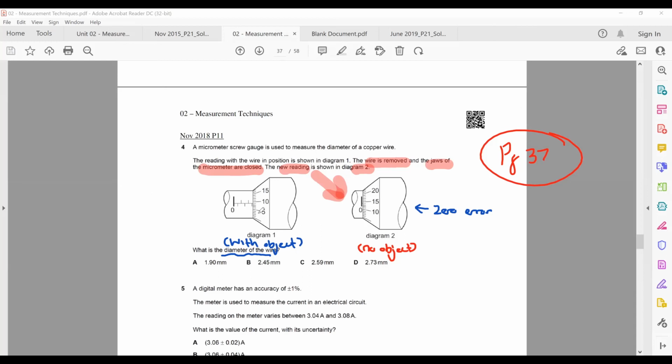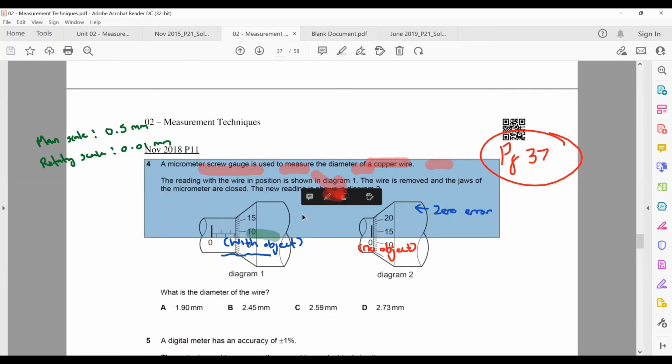If you want to read the reading on diagram 1, what do you think would be the reading on the main scale? For the main scale, I mentioned it will be in increments of 0.5 millimeter. Let me zoom in closer.